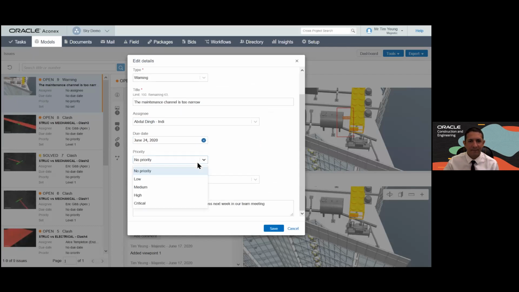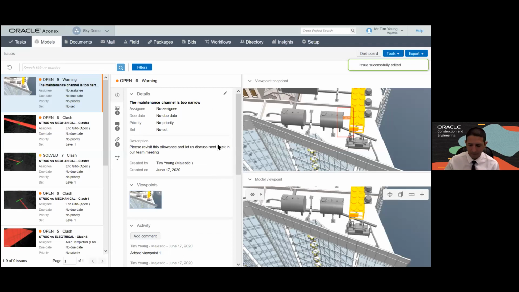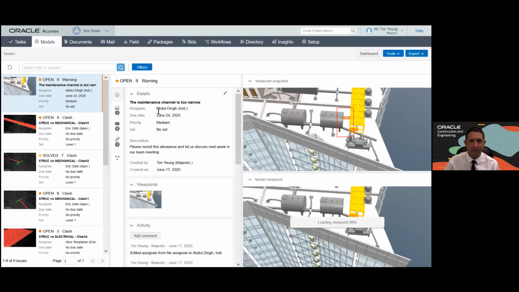You can even set the priority, and you can also create issue sets. So what we've just done is assign this issue to Abdul, who is going to work on this. Maybe they need to move this piece of component to increase the maintenance channel. Those are the things you'll be able to do.